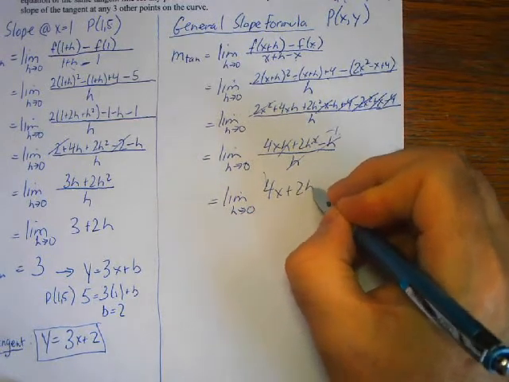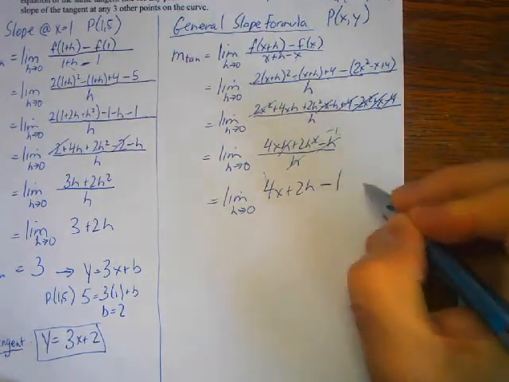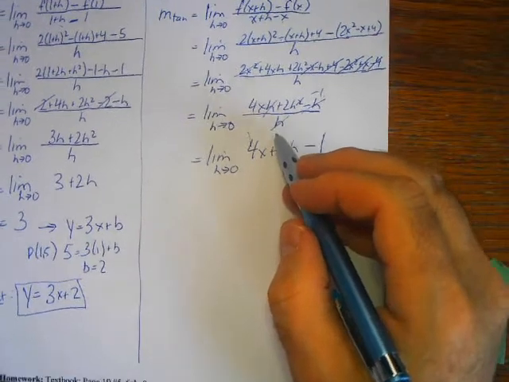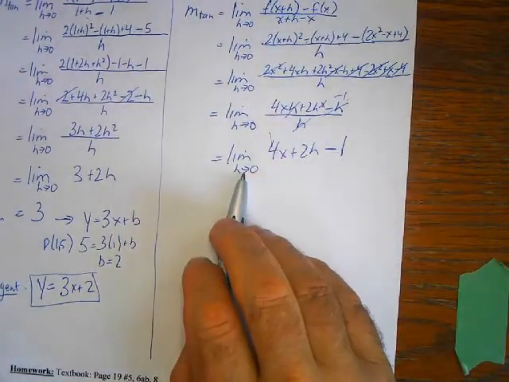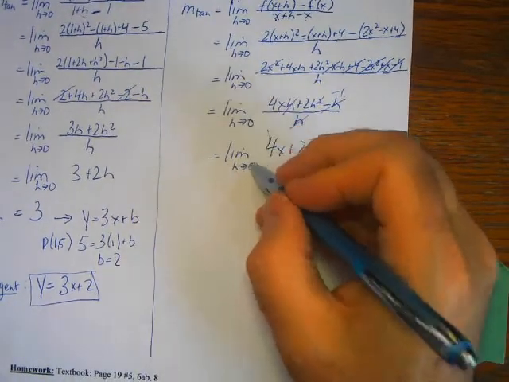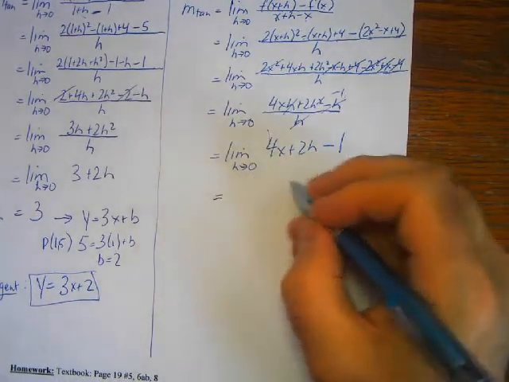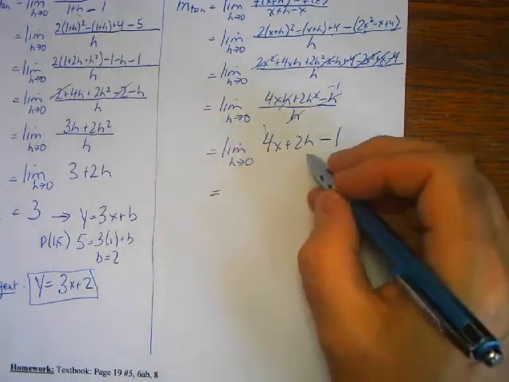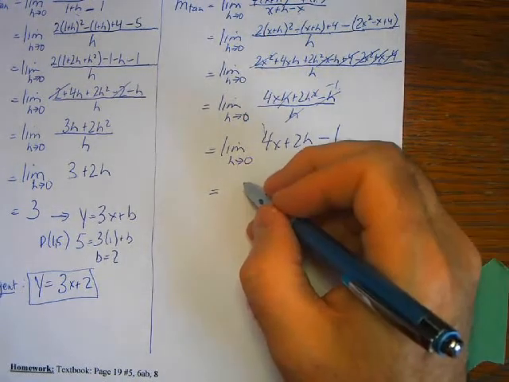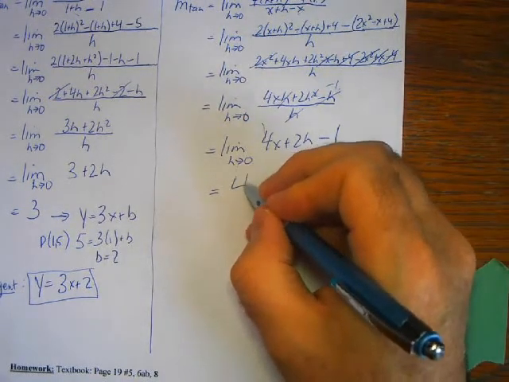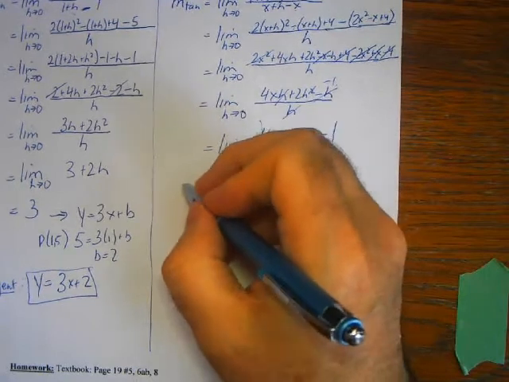Now, again, since I was able to cancel out the h in the denominator, now I can actually substitute in a 0 for h. So I can do the limit here and say, oh, that's just equal to 4x minus 1. And that's the slope of the tangent. So very important there.